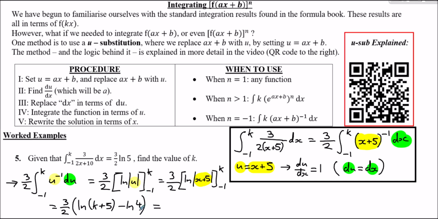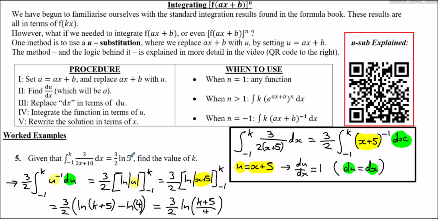Now, because we've got log of one thing minus log of another, I can combine that into a single log using laws of logarithms. That's going to give me ln of this thing here divided by 4. But we're told, so if you look here, we're getting it close. 3 over 2 matches, ln matches, so we know we're on the right lines.